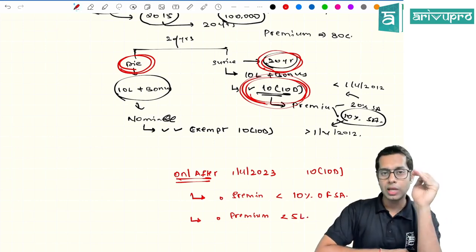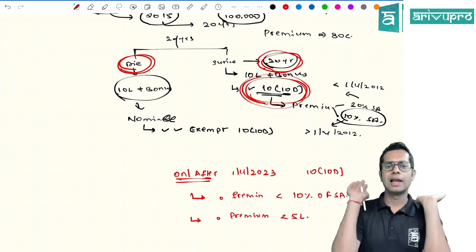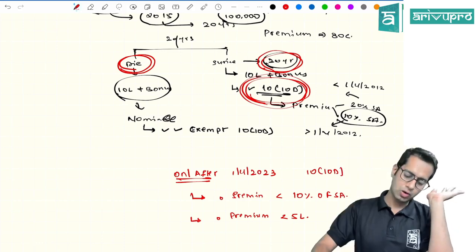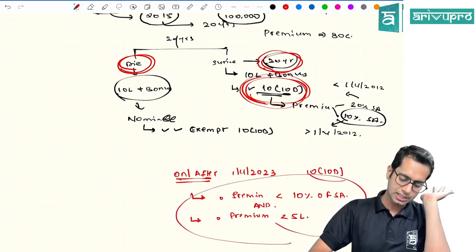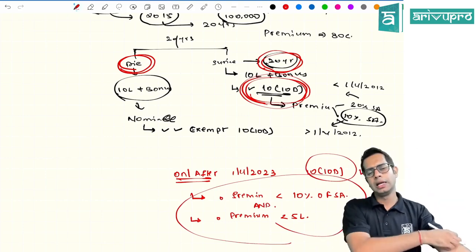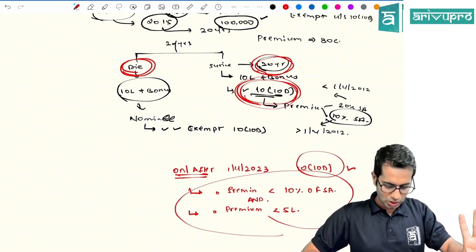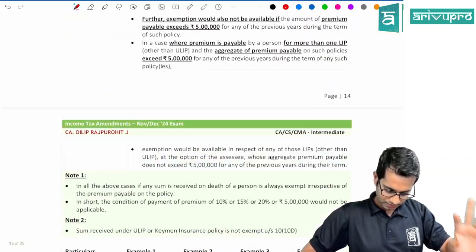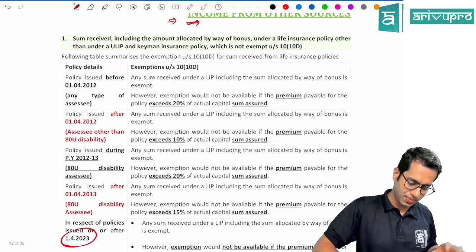Both conditions should be satisfied if you want to claim any exemption under section 10(10D). Sorry, this is all about this amendment.